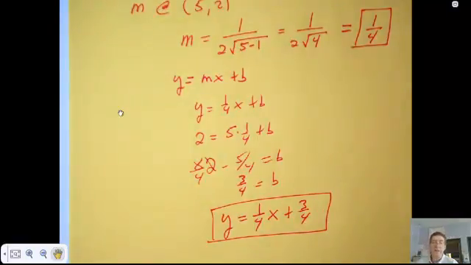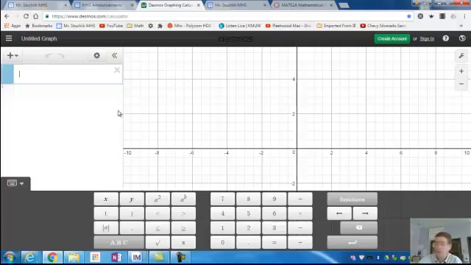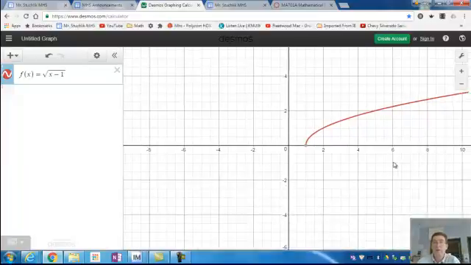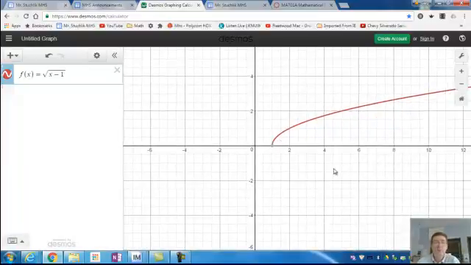Okay. Now I think I was going to show you this yesterday, but I'm going to show you something on Desmos now. It was f of x equals the square root of x minus 1. There it is. So we have the square root function moved to the right one. Now we're saying that at the point 5, 2, so in fact let me think.